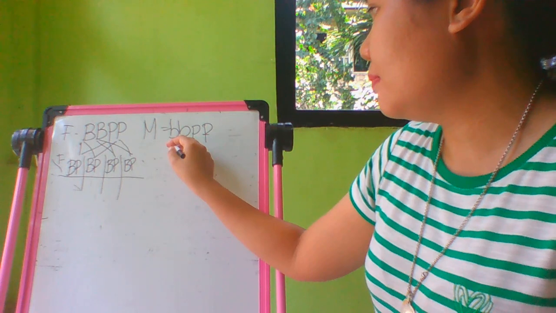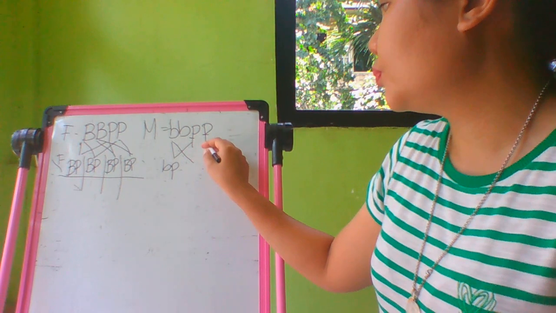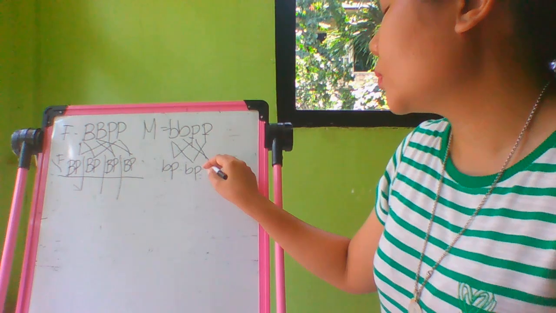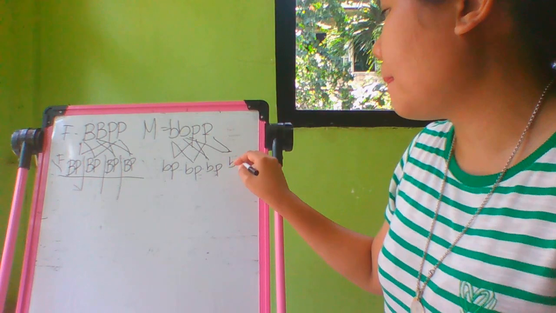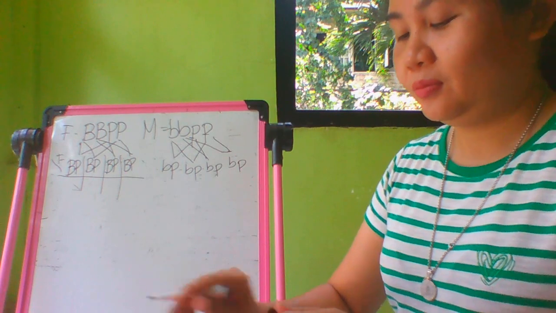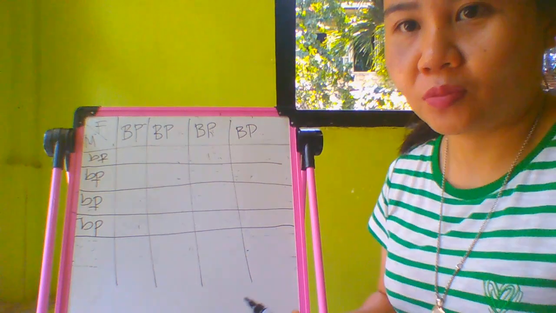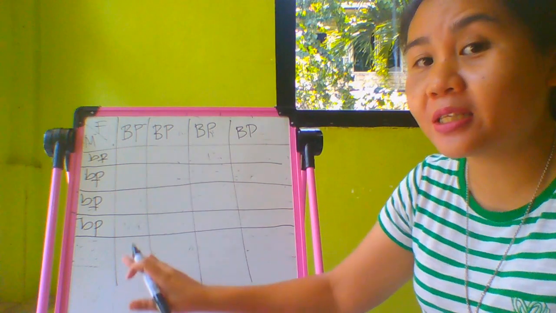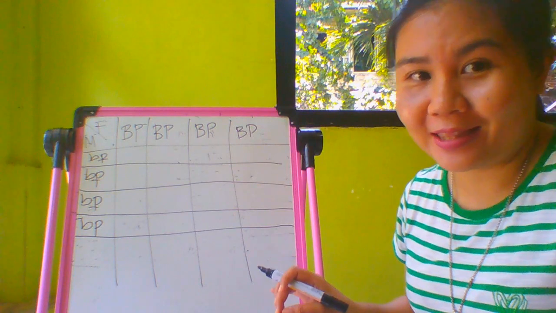For the male line, these are the ones you will feature. So we already have our possible gametes that were independently assorted and segregated.